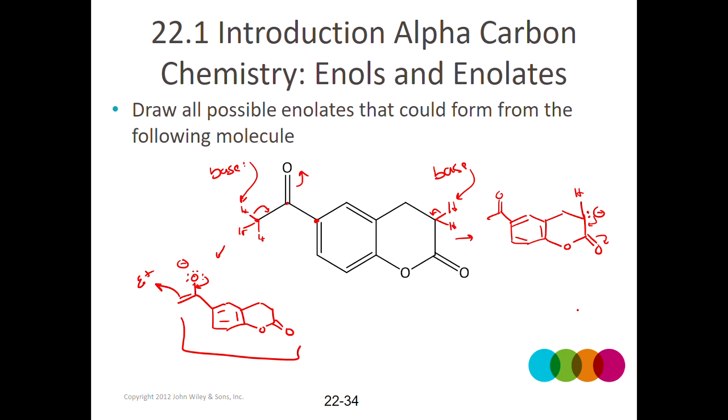So there's really 2 different enolates that you could form from that structure, just to point that out.